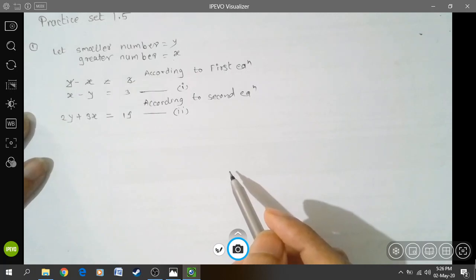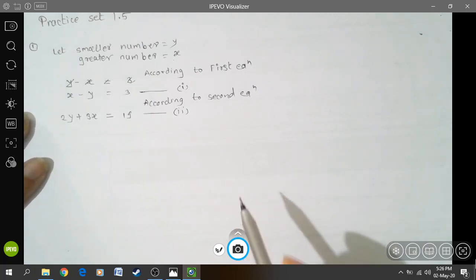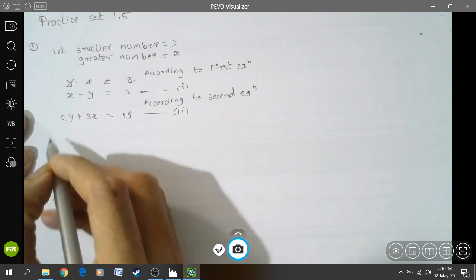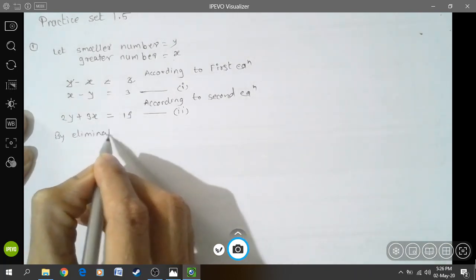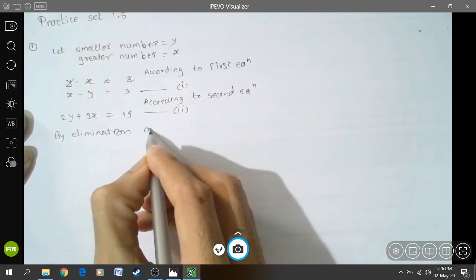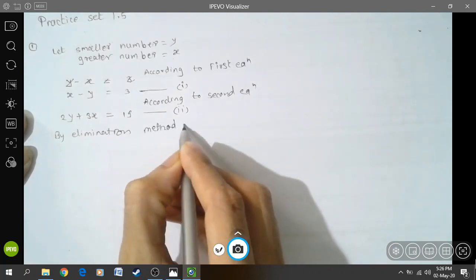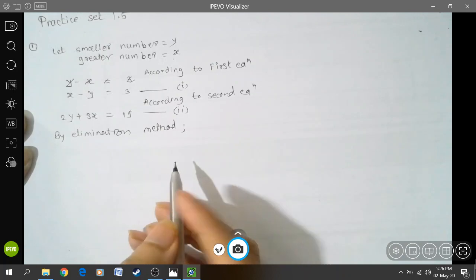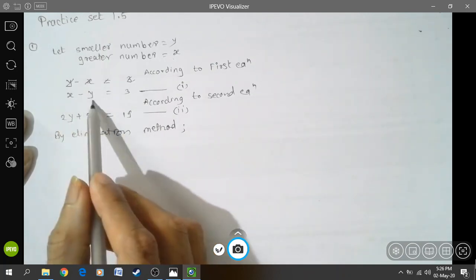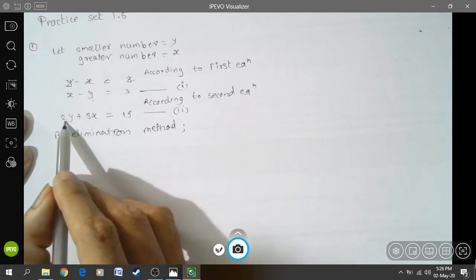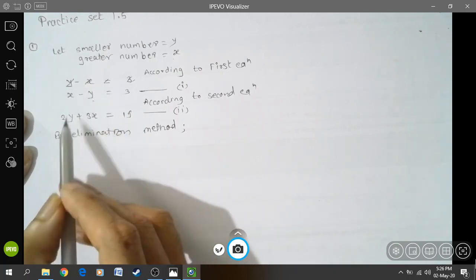These are the equations we got from our example. Now we can solve them using our methods. We will use elimination method. What can we do here? We can multiply equation number 1 with 2, so that we will get here minus 2y, and here is plus 2y.